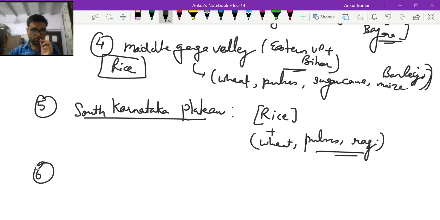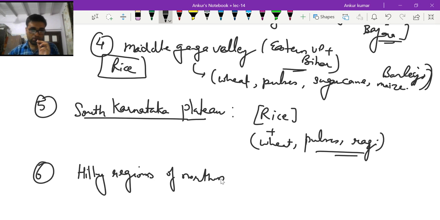The sixth region where rice is primary crop is the hilly regions of the north part of West Bengal. Northern West Bengal. Right.